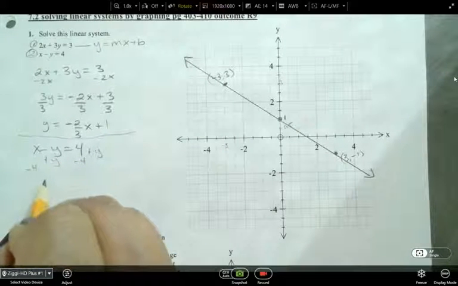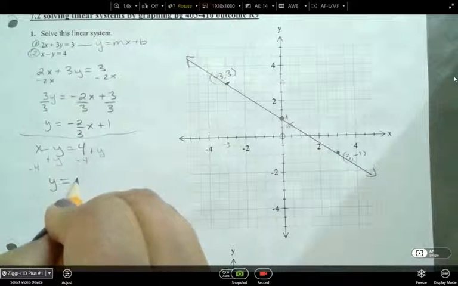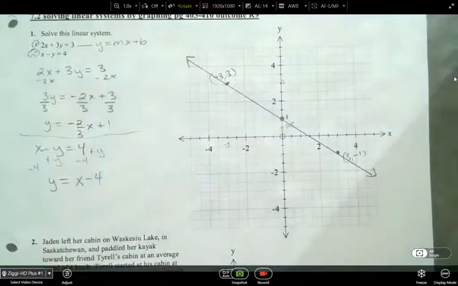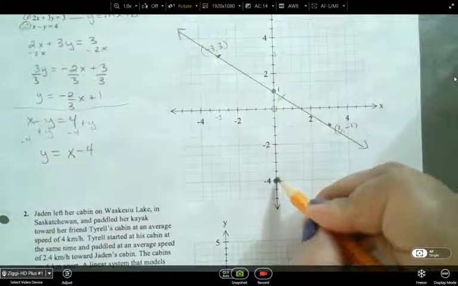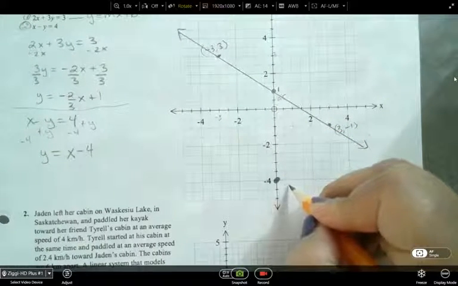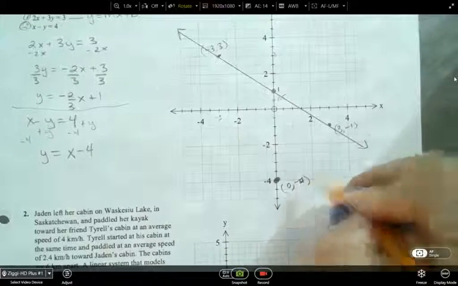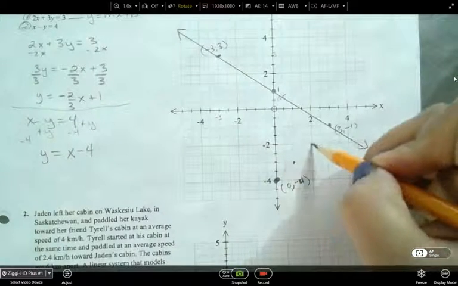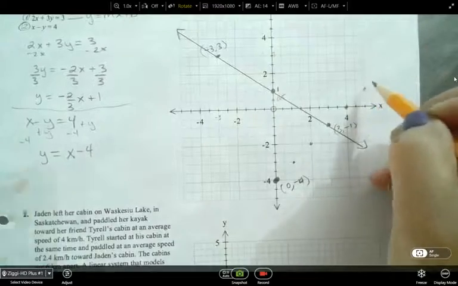So I've got y equals x minus 4. I can plot my minus 4 right here. That's my y-intercept, so that is 0, negative 4. Then I go up 1 over 1, so I've got a rise of 1 over 1, and I just plot those points there.